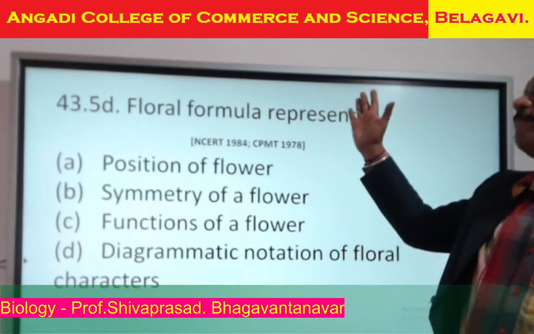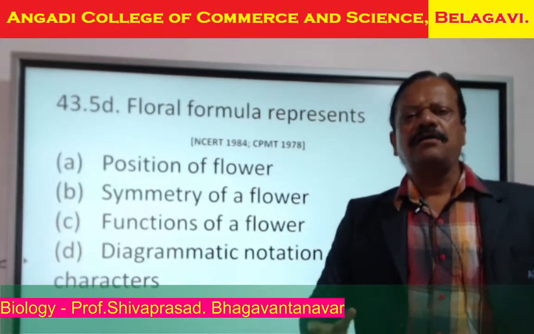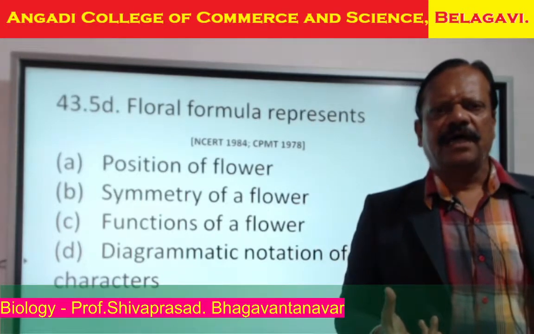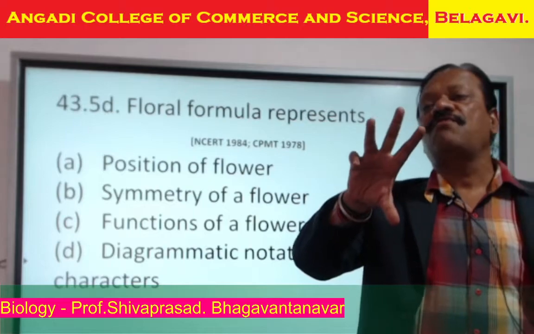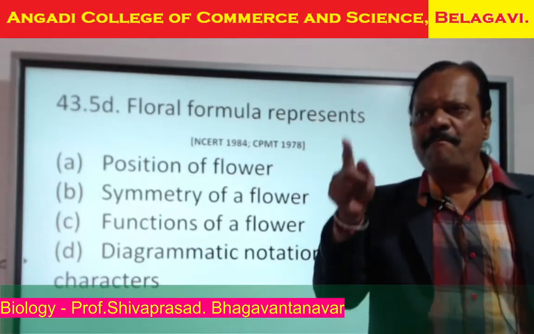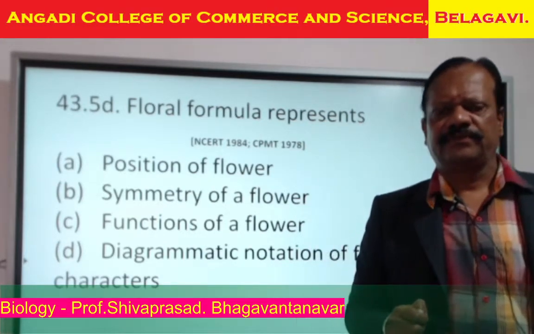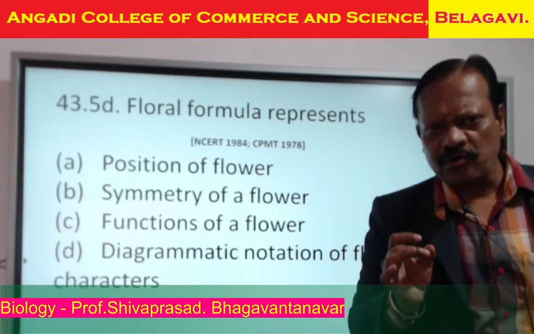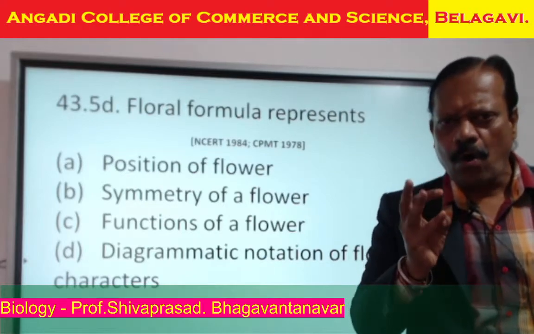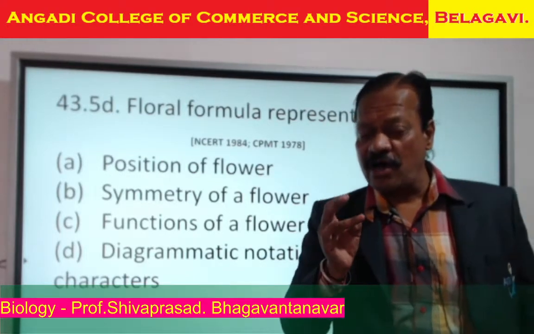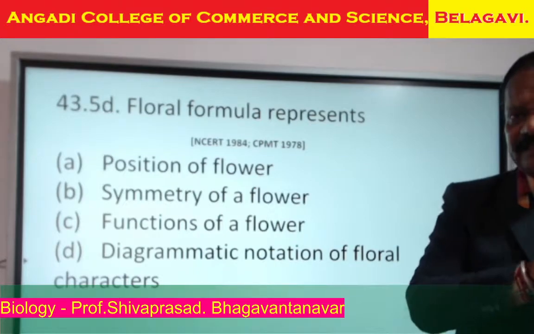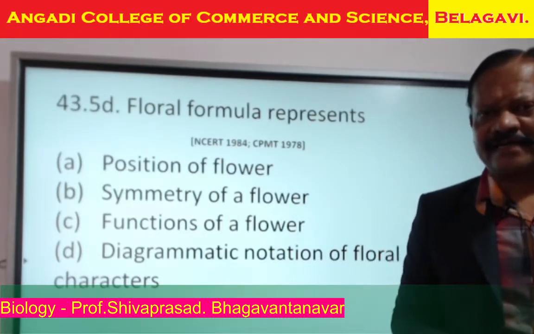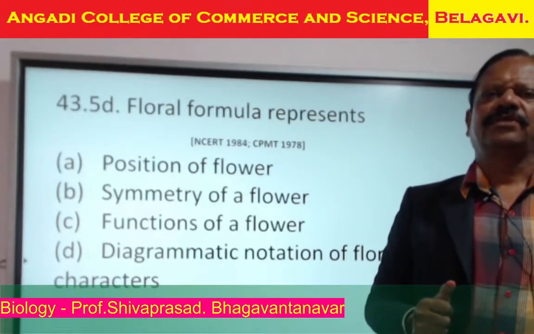Floral formula represents. Now see, you can see so many types of flowers and you want to draw a floral formula. In the sense, a map structure you are trying. There you have to show calyx, corolla, androecium, gynoecium, ovary, whether it is superior or inferior, how many carpels are present, whether the flower is bracteate or ebracteate, and so on.